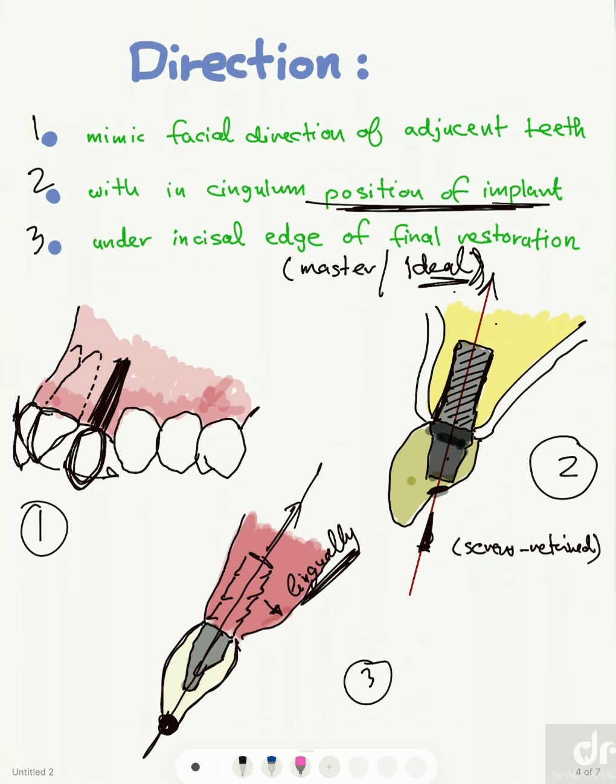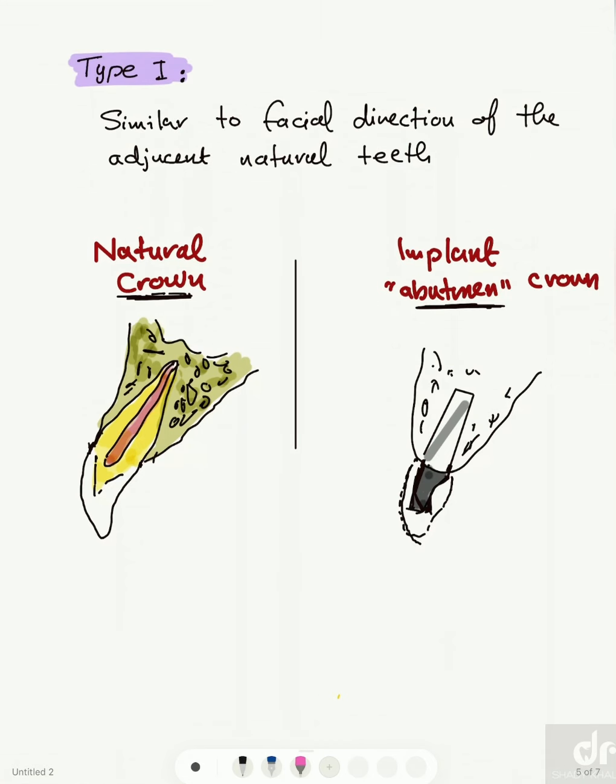Let's take each one and have a brief discussion about it. If we look at type 1, which is similar to the facial direction of the adjacent natural teeth, let's first look at the comparison between the natural crown and the implant abutment crown.